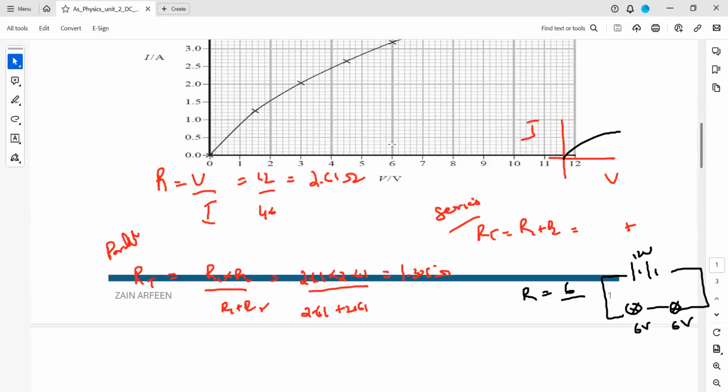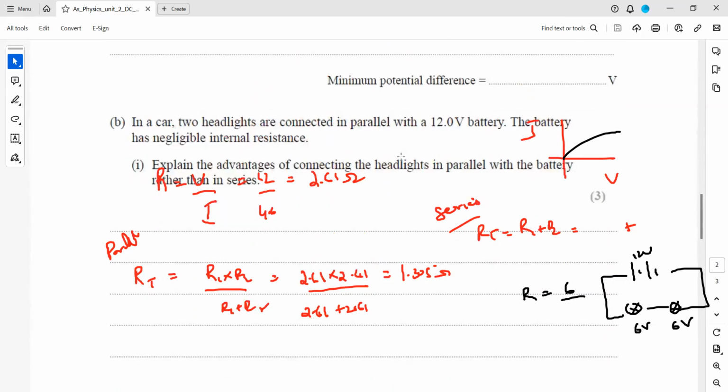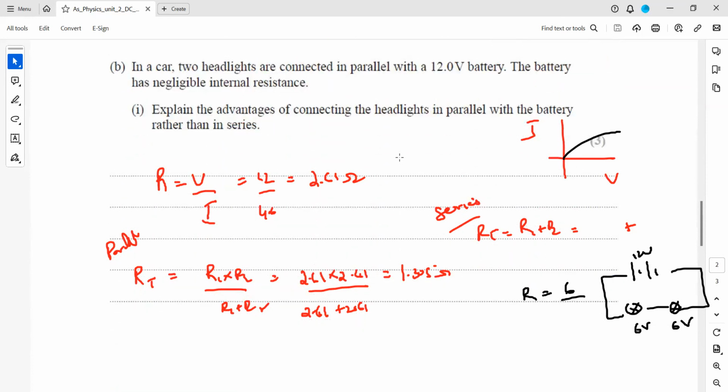The current is 3.2. Why do I repeat this? Because the resistance of a lamp is not constant, it changes when the voltage changes. So 6 divided by 3.2 will give us the resistance of each, which is 1.88 ohm. So this will be 1.88 and this also 1.88. So this will give us 3.76.